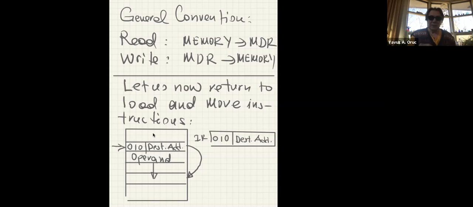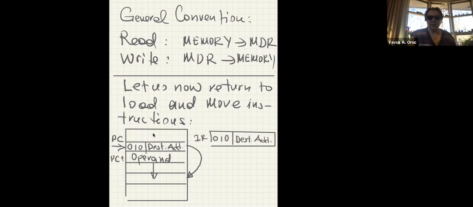And in anticipation of the next instruction, the PC gets incremented by 1, meaning that the PC is going to be looking at the operand.